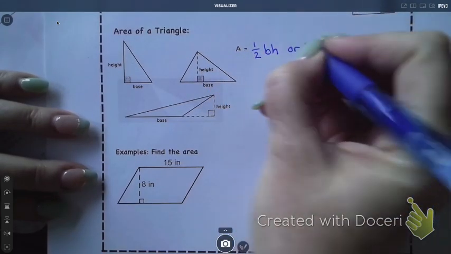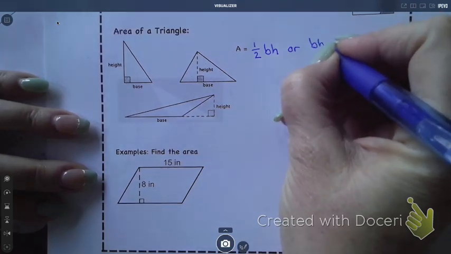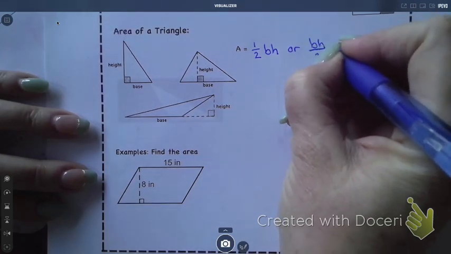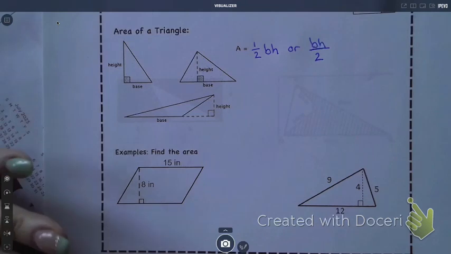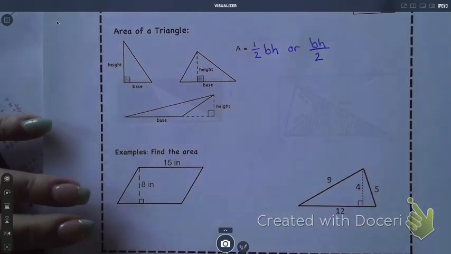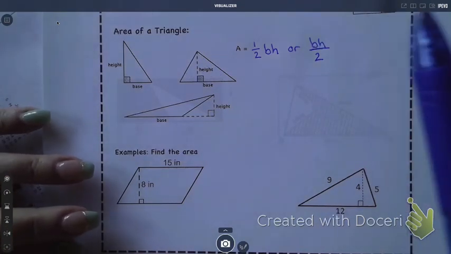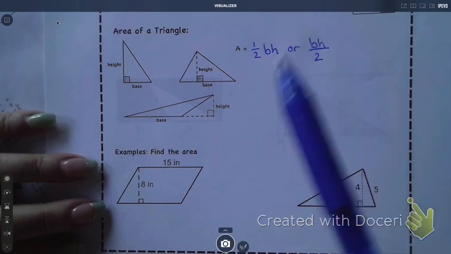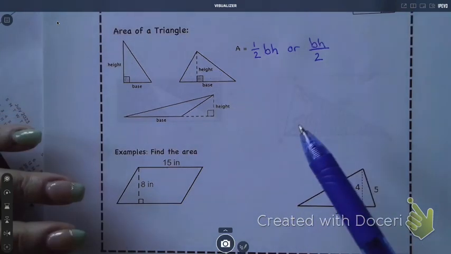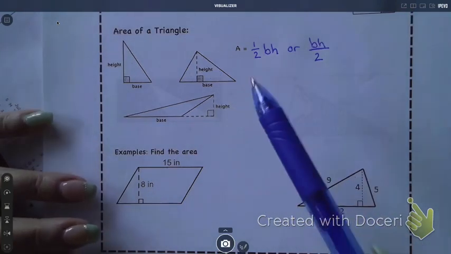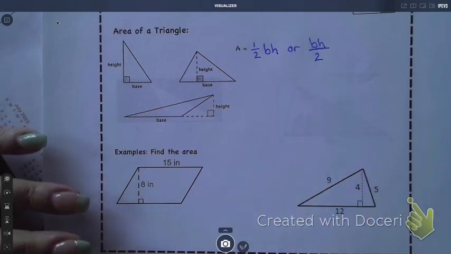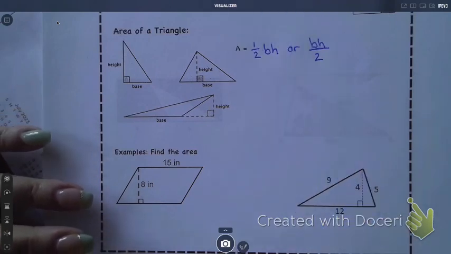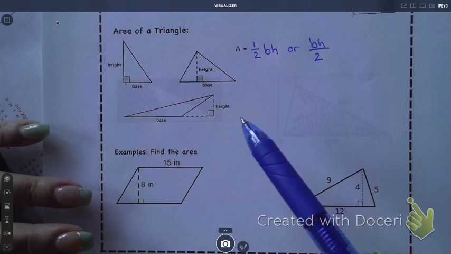Or you can also, I see some people write it like this, which I don't like and I will never do, but if you do, is it the same thing? Yes. Now, I just told you a parallelogram or a rectangle is base times height, and a triangle is 1/2 base times height. So what does that mean a triangle is of a parallelogram? Half of it. Because if I took two triangles, put them together, would I get a parallelogram? Yes.